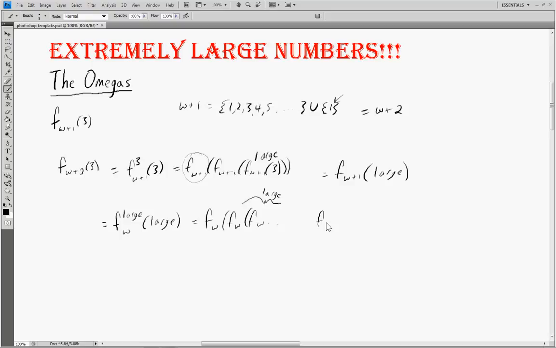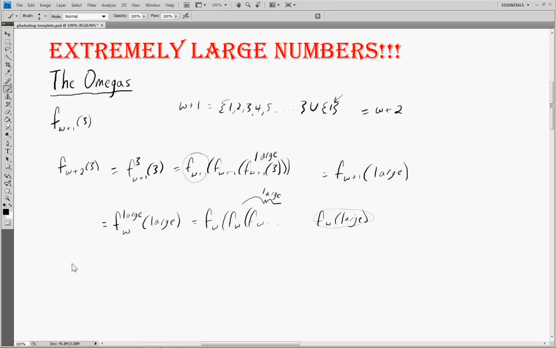How we would evaluate this is we would diagonalize. We would plug this number into the subscript, evaluate this, and then plug that into the next subscript and the next and the next, all the way down the line, with the total number of arguments being this huge number. And then we'd have to do the exact same thing with this function too to complete the whole thing. So as you can see, this gets far, far beyond omega plus 1.